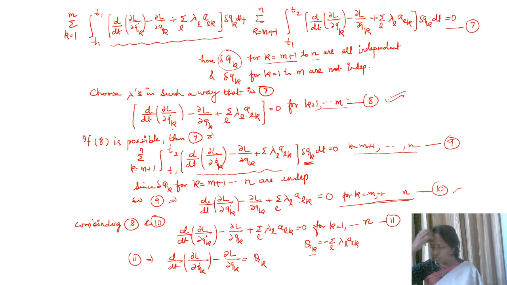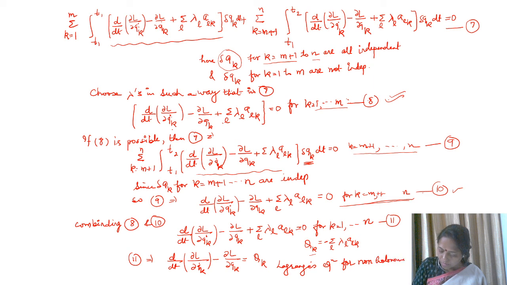And generally, we say it to be the Lagrange's equation for non-holonomic constraints.